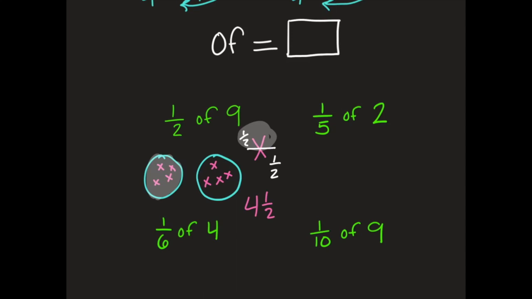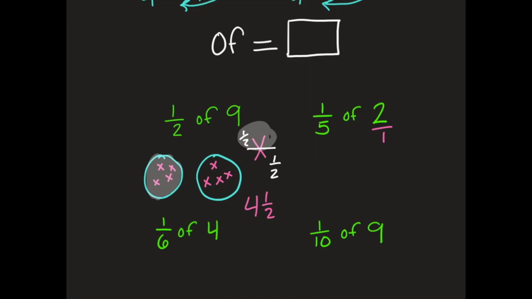I'm going to show you now another way to do this. You could always draw a picture. 1/5 of 2. So what I'm going to do is put my 2 over 1. Whenever you have a whole number and you want to turn it into a fraction, you put it over 1 and it still equals the same thing. 2 divided by 1 is still equal to 2.